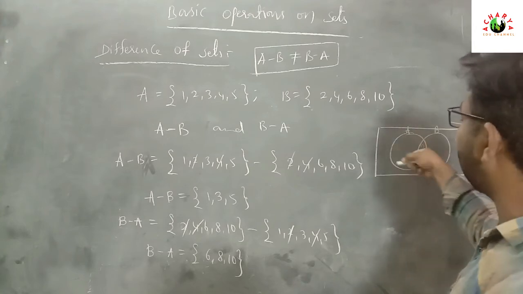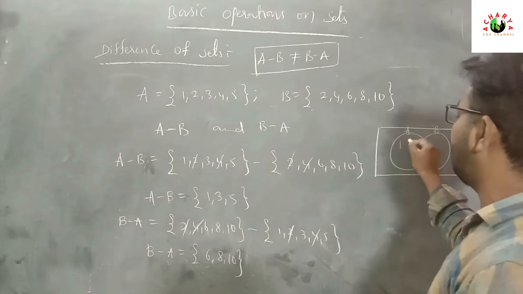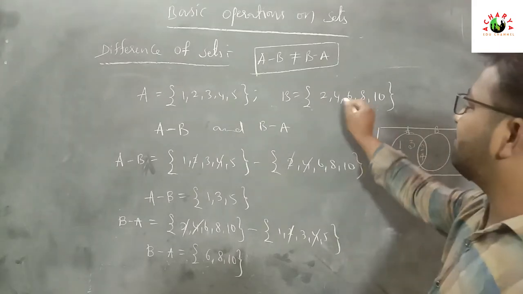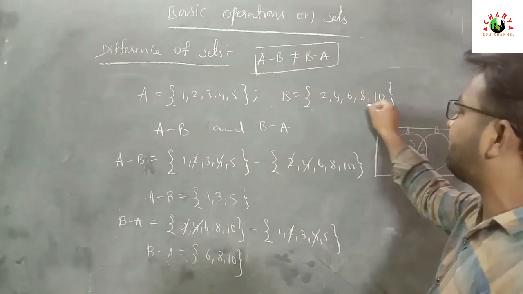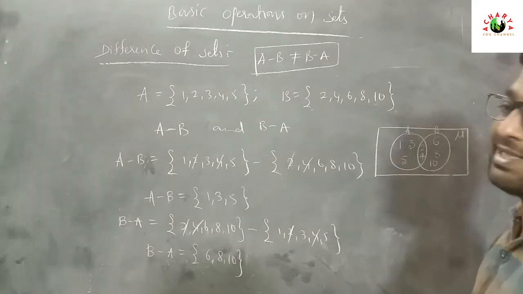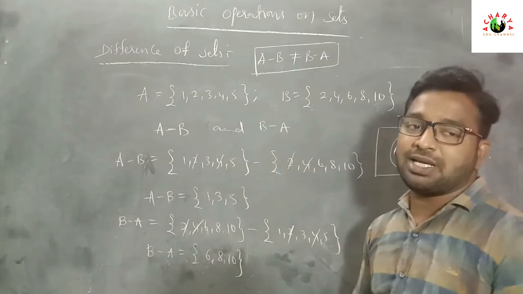Next, the remaining elements of set A are 1 3 5, and in set B, since 2 and 4 are completed, the remaining elements are 6 8 10.